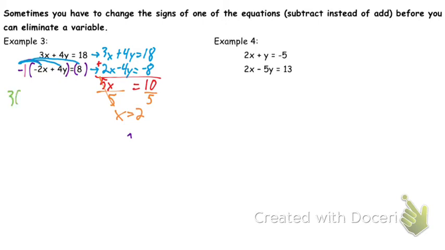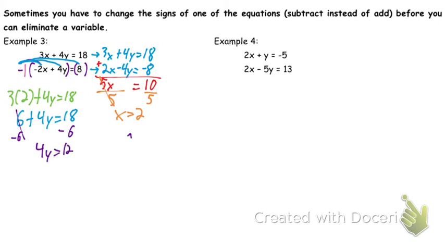3 times 2 plus 4 times y equals 18. As we plug this in, or as we continue to solve, 6 plus 4y equals 18. Subtract 6. 4y equals 12.